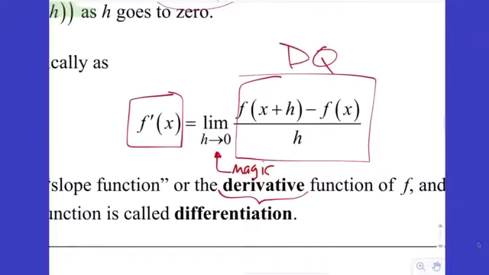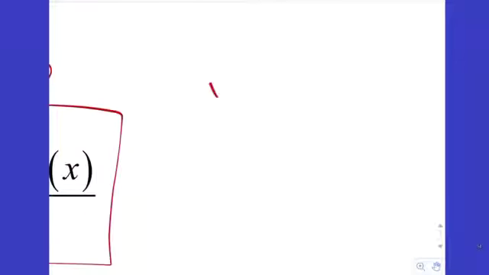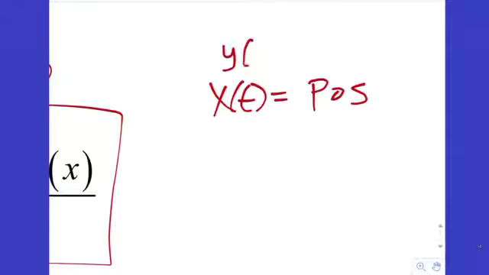Instantaneous. Yes. All right. So your kinematic equations: if you have a function x of t in kinematics, that gives you the position of an object. Or it could be y of t, either one. One is measuring horizontal position, one's measuring vertical position.